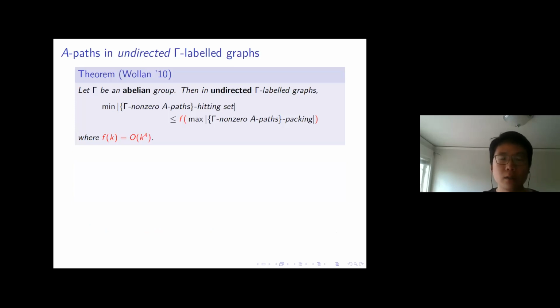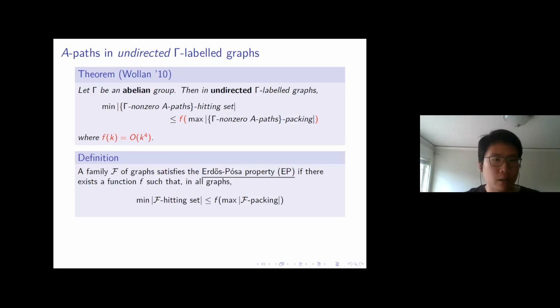Wollan showed in 2010 that in the undirected model of group label graphs, if you take any abelian group, then the minimum size of a hitting set, or set of vertices that intersects every non-zero A path, is bounded by some function of the maximum size of a packing, where this function grows on the order of a quartic. Okay, and I don't believe it's known whether or not this is optimal, but for this talk, we only care about whether or not there exists a function that bounds these two quantities.